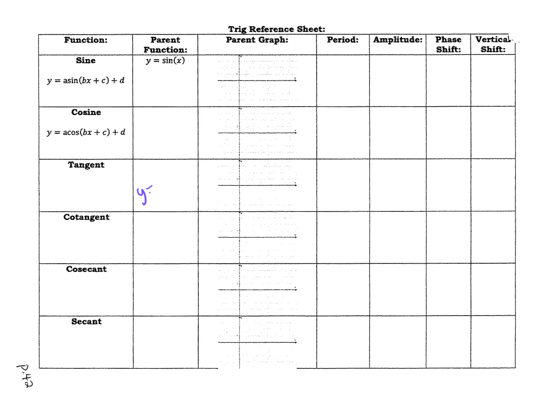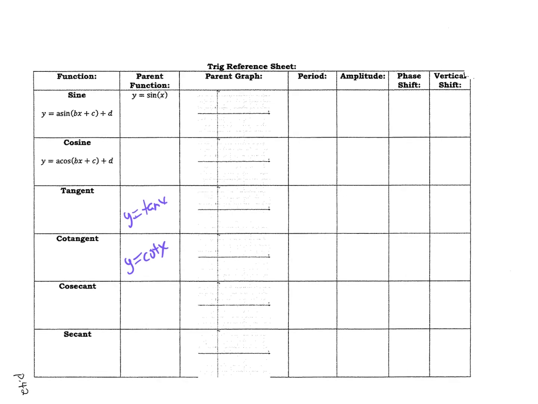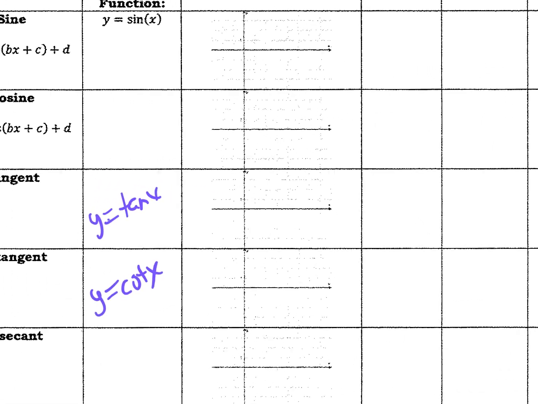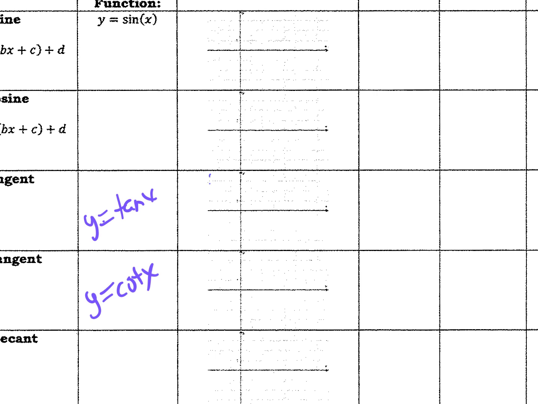So we know we have y equals tan. So for our tangent, we know we are going a little bit to the left, a little bit to the right, and then we are going up. Whereas our cotangent, we go all the way out.